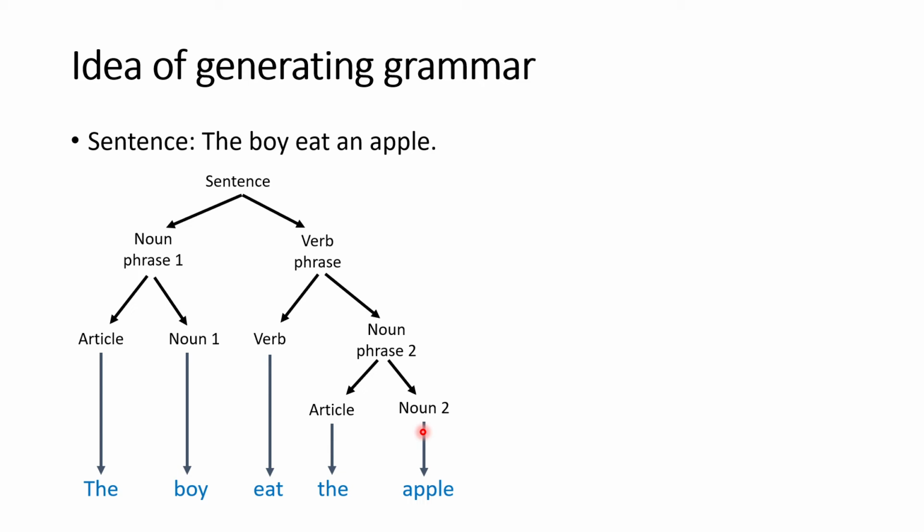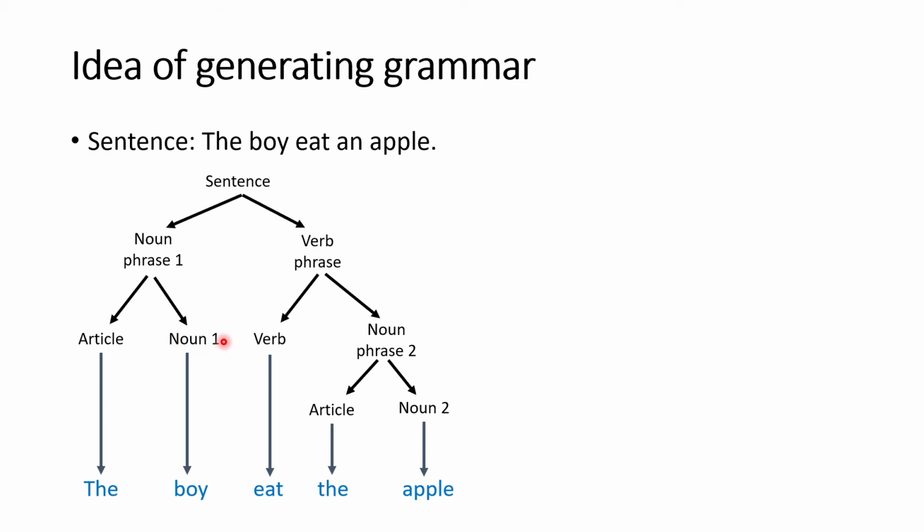And some more rules are required, because the rules we have just defined do not yet derive this sentence. To derive this sentence, we have to apply some more rules. For example, article can be rewritten as the.